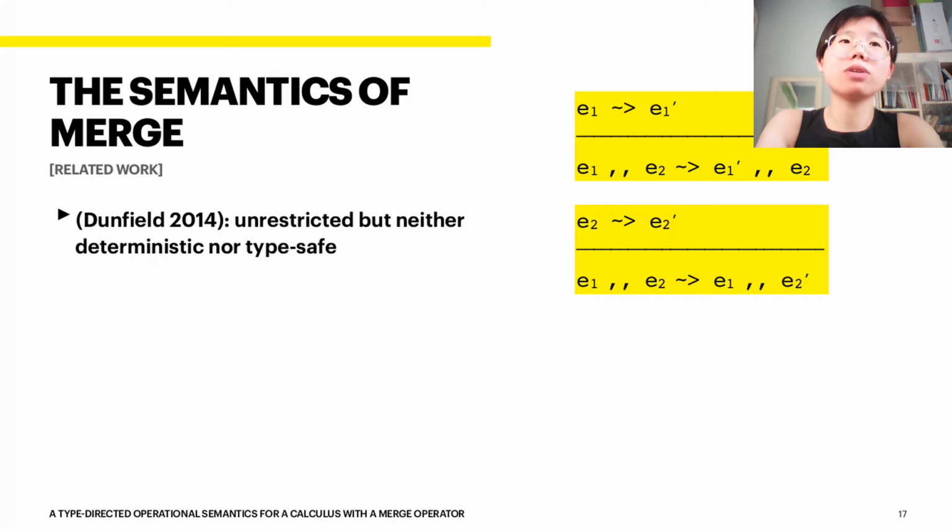Let's have a closer look at Dunfield's semantics. The two parts of the merge are treated so equivalently that even the two rules on the top overlap. But that source of non-determinism can be easily fixed by forcing an evaluation order.